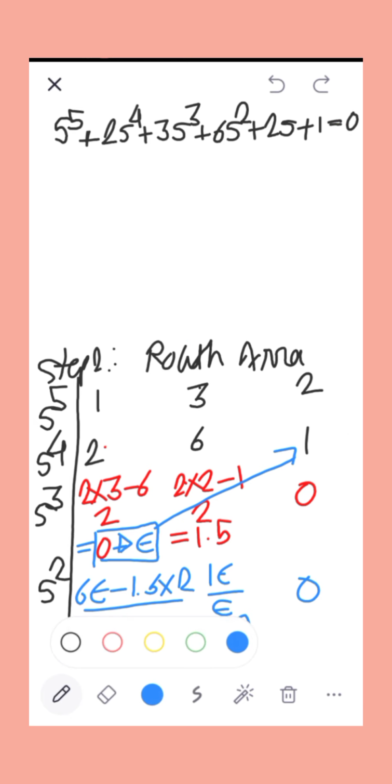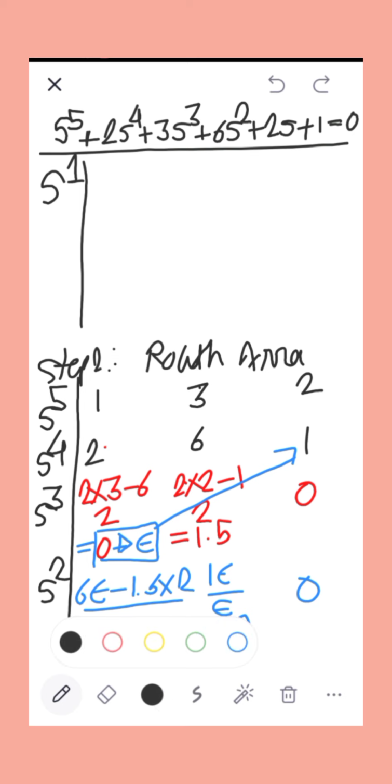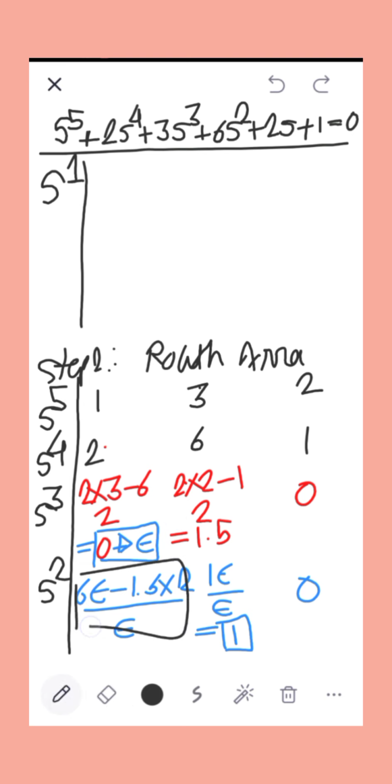Next part, s to the power 1. So it will now be this term into 1.5 and 1 into epsilon.